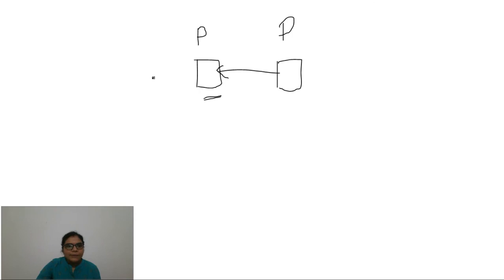If the interrupt enable or disable flag is 1, then only this device can interrupt the processor.